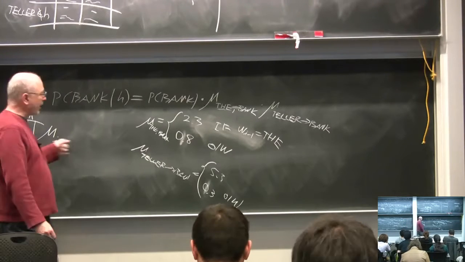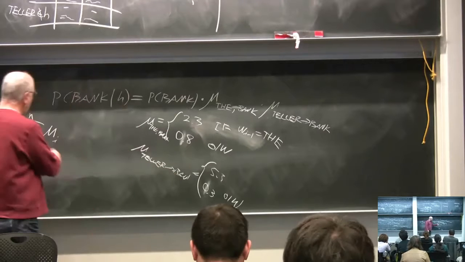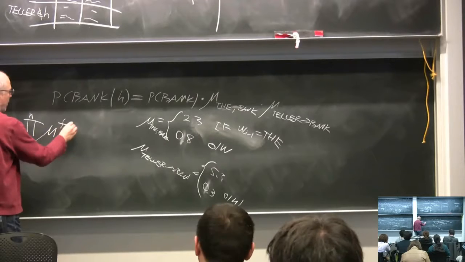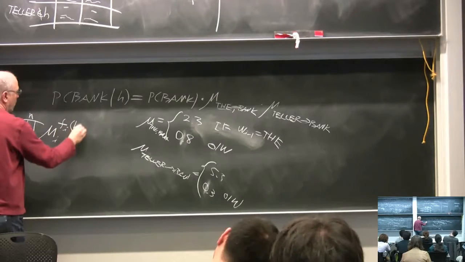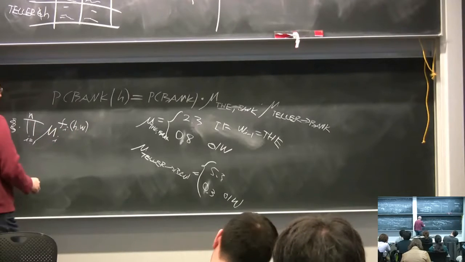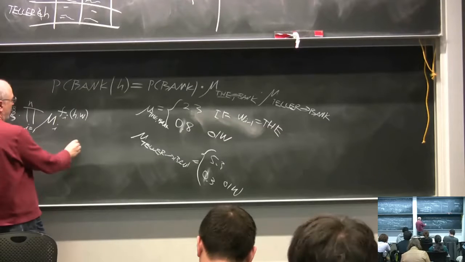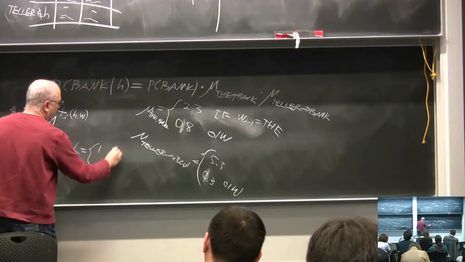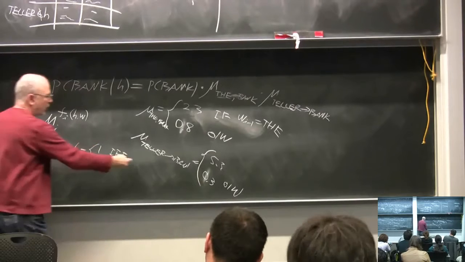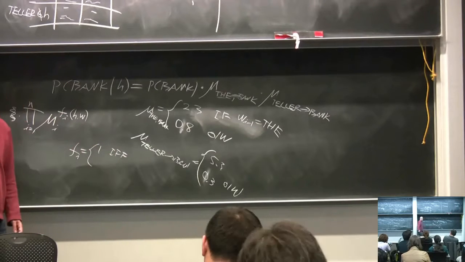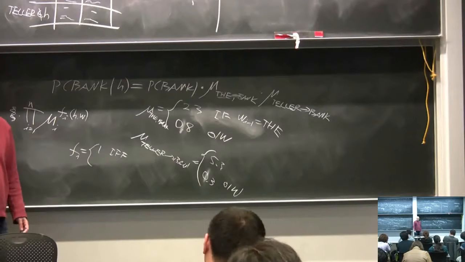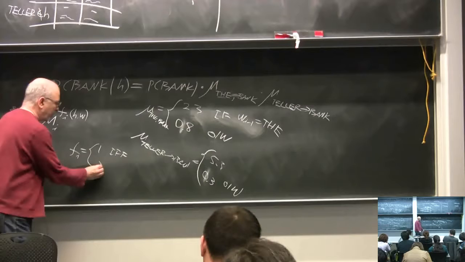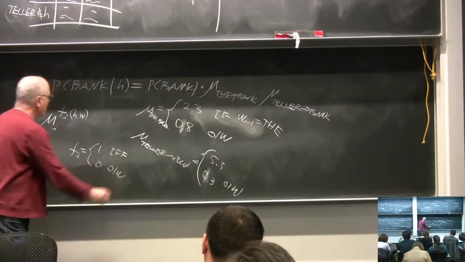And one way of writing this is to say that mu_i is raised to the power of f_i of the history and the word, where f_i is 1 if and only if this feature holds, if the word "the" was before and the word "bank" is the next word, and 0 otherwise.